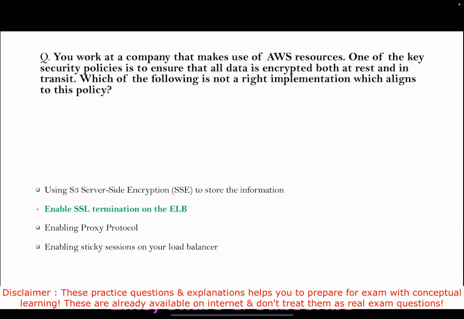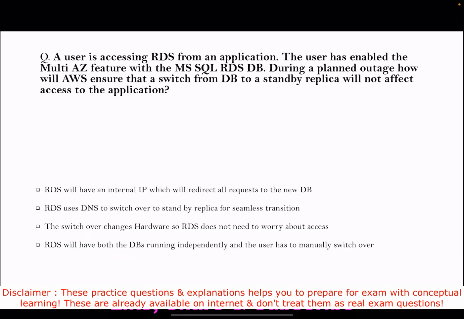Let's talk about the next question. A user is accessing RDS from an application. The user has enabled the Multi-AZ feature with the MS SQL RDS DB. During a planned outage, how will AWS ensure that a switch from DB to a standby replica will not affect access to the application? The options we have: RDS will have an internal IP which will redirect all the requests to the new DB.